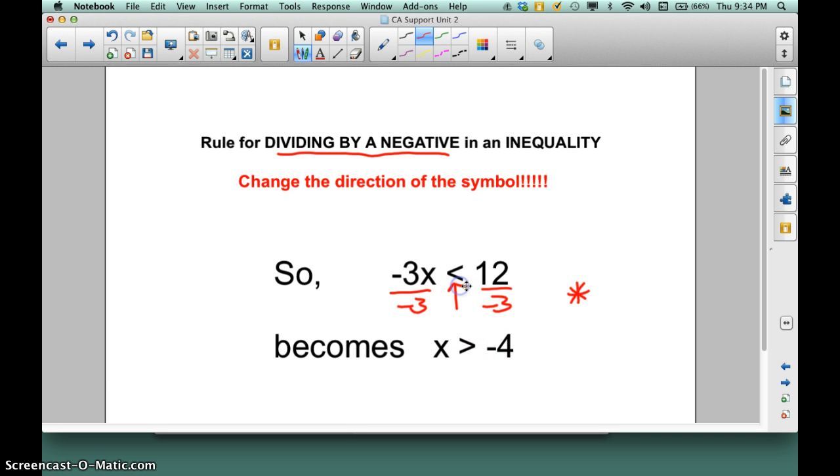Look at this, is less than, look at how it changed. Now it's greater than. That is the only rule that's different with inequalities. Otherwise, you just keep the symbol instead of the equal sign, and you follow through the whole way. In the end, if you divide by a negative, flip that sign around to point in the other direction, and everything will turn out great.